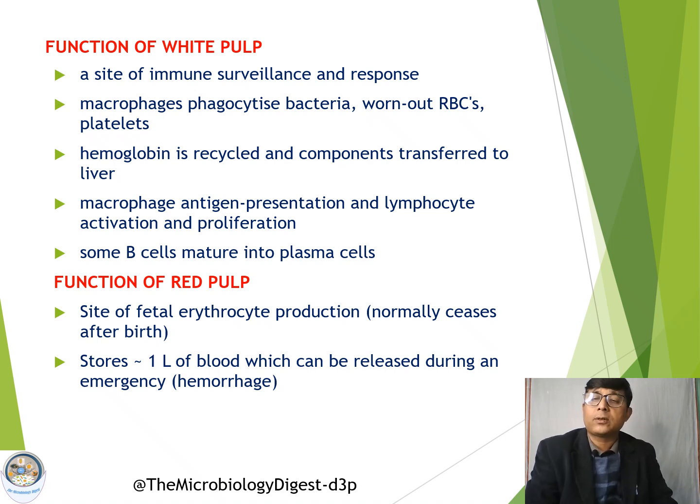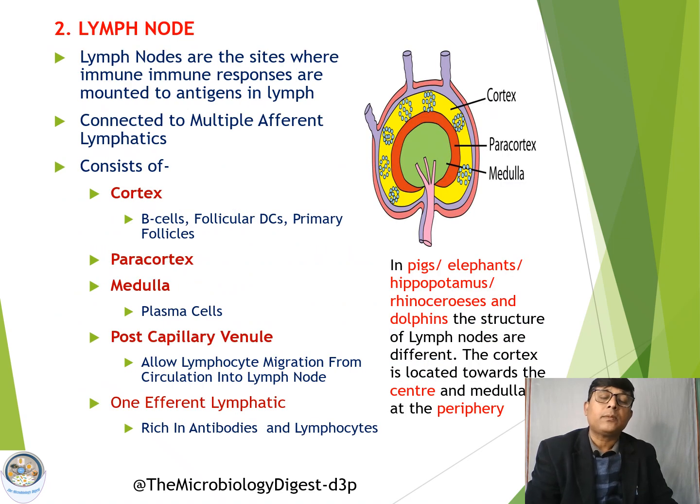These are mostly functions of the white pulp, while in the case of red pulp, it is mostly erythrocyte production. It is a site of erythrocyte production in fetal life, and it stores some amount of blood which is released during an emergency. So these are some of the principal functions of red pulp and white pulp.